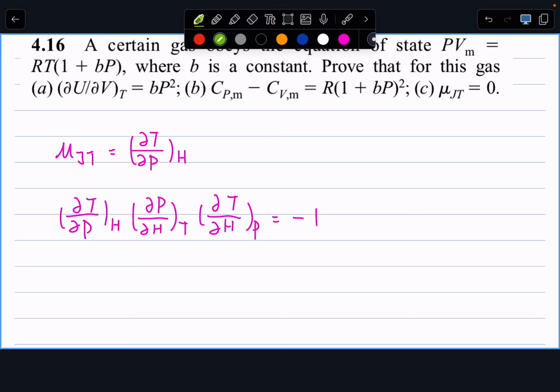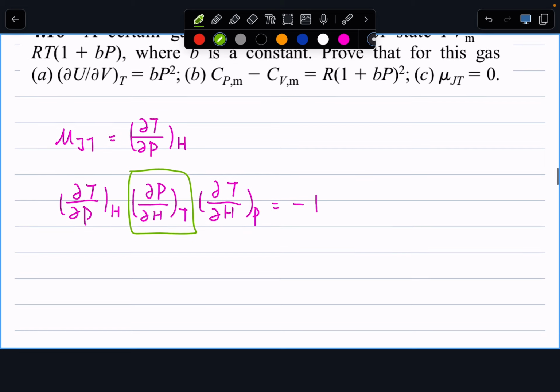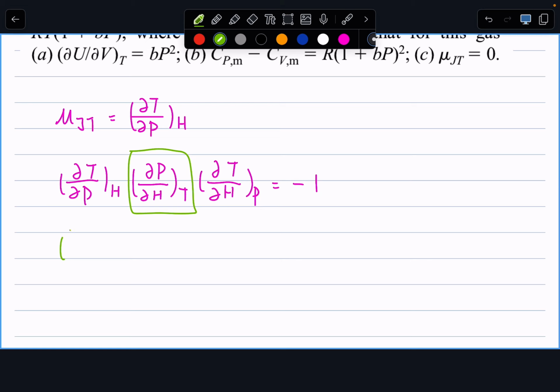Right, so what else do we know? The first term is pretty much just your pressure dependence of enthalpy, or the reverse way, dH over dP at constant T. We know that dH over dP at constant T equals negative TV alpha plus V. And this one is just the reverse of that dH over dP at constant T.